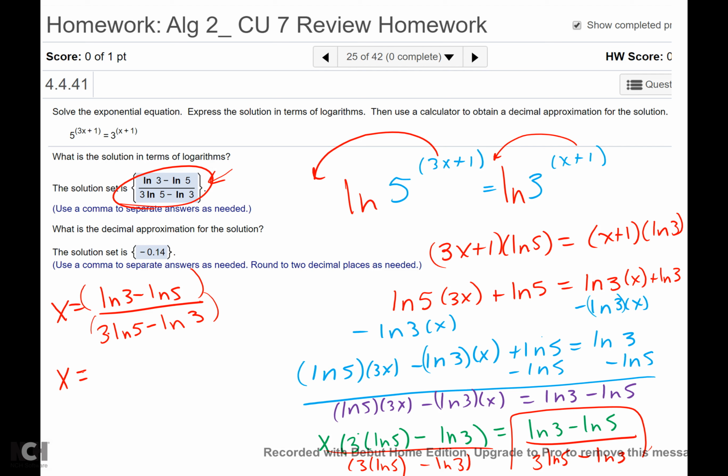We need a second set of parentheses: ln of 5 minus ln of 3, and I get a negative 0.1369615319, which to 2 decimal places, that 6 bumps that 3 up to a 4. Okay?